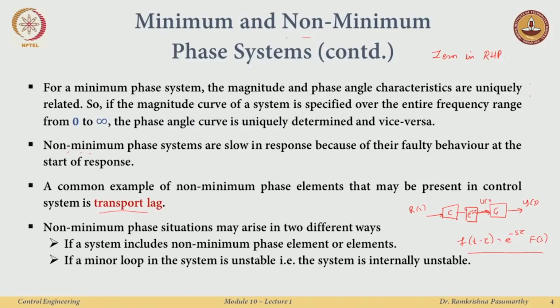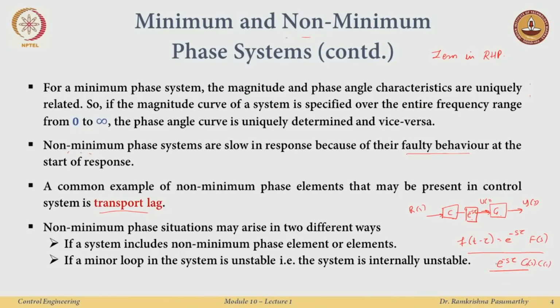But why do I say that this system will have faulty behavior at the start of the response? What is the contribution of this delay here? In the numerator it adds e^(-sτ), and then you have G(s) and C(s).